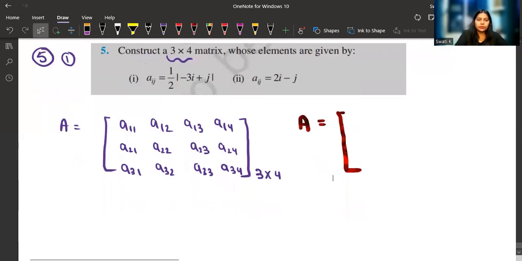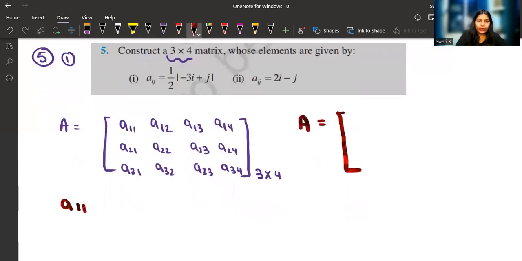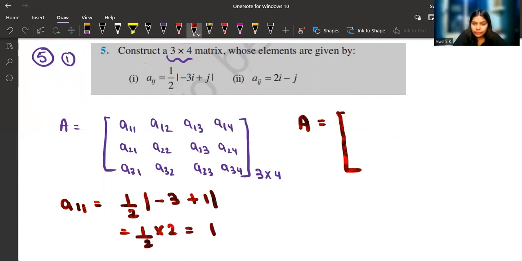So this is A11, that means 1 upon 2 mod minus 3. i is 1, so 3 times 1 is 3 plus j is 1 only. So this will become half times minus 3 plus 1 is minus 2, but it is inside the mod. So if we take it outside, it will become plus 2. So the answer is 1. So we got the first entry 1.